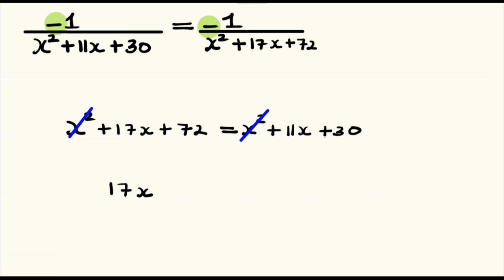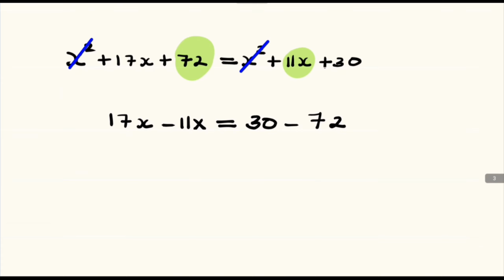We transpose that 11x, it will change sign to negative 11x, which will be equal 30. We transpose that 72, it will change sign to negative 72. 17x minus 11x will be equal 6x, which will be equal 30 minus 72, which will be equal negative 42.